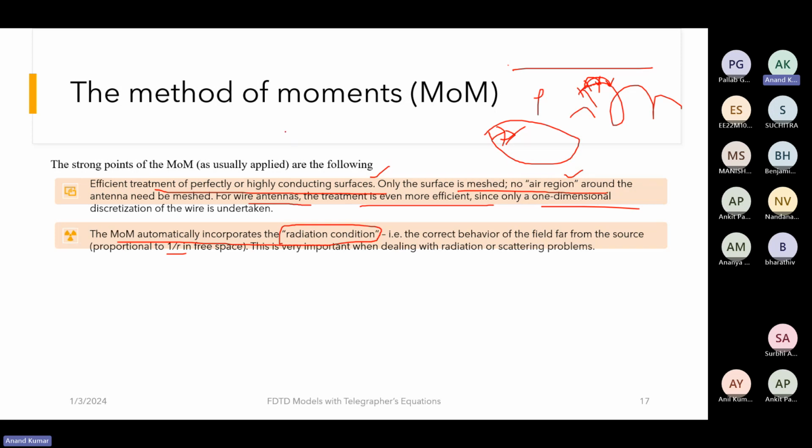To give you a gist, if we are solving for the radiation from this particular device under test, the equations we solve will use the effects of 1 by r and 1 by r square, and those values will be included in the formulation. So the far field condition and everything is sorted in this particular method.